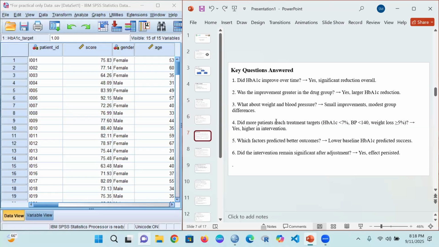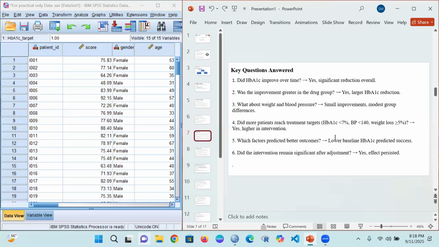From our analysis, we have seen that age and weight did not have any influence in the reduction of HbA1c. That's what we have concluded.